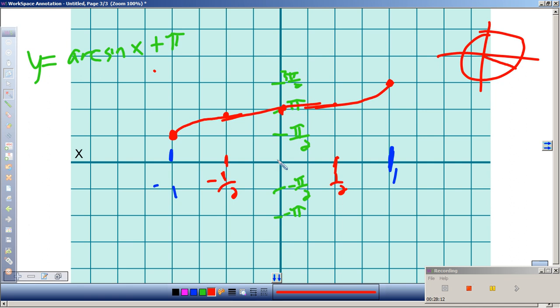Like, if we get root 2 over 2, what is the inverse sine of root 2 over 2? Pi 4. So pi 4 plus pi would be? Yeah, pi 4. So that would be here. And now where is root 2 over 2? 0.7, so it would be about right here, actually it should be up here more.